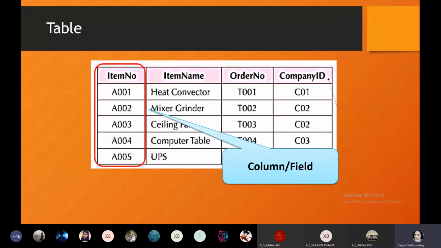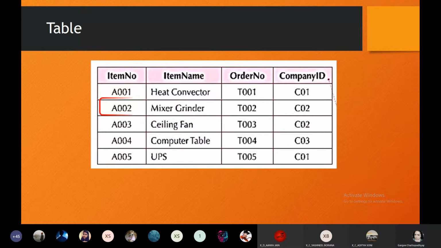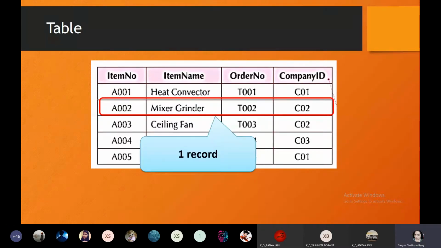This is one column or field which represents only one type of information, that is item number. This is one record. Let me tell you that the top row, the header row, is not counted as a record, students. All the rest of the rows will be counted as records. So how many records do you see in this table? 5 records, A001 through A005.